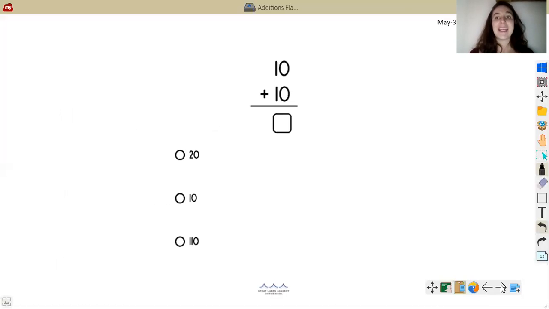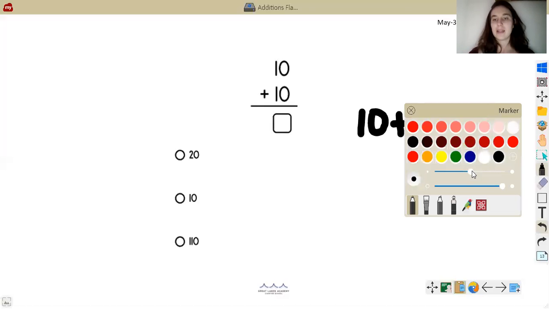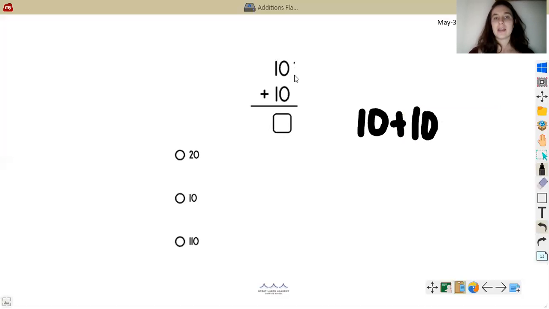All right, scholars, now that you guys did this on Google Classroom, it is time to check your work. So I know that this is just another way to write our number sentence 10 plus 10. And I know that when adding this way, you want to go to these 2 numbers and add them together.